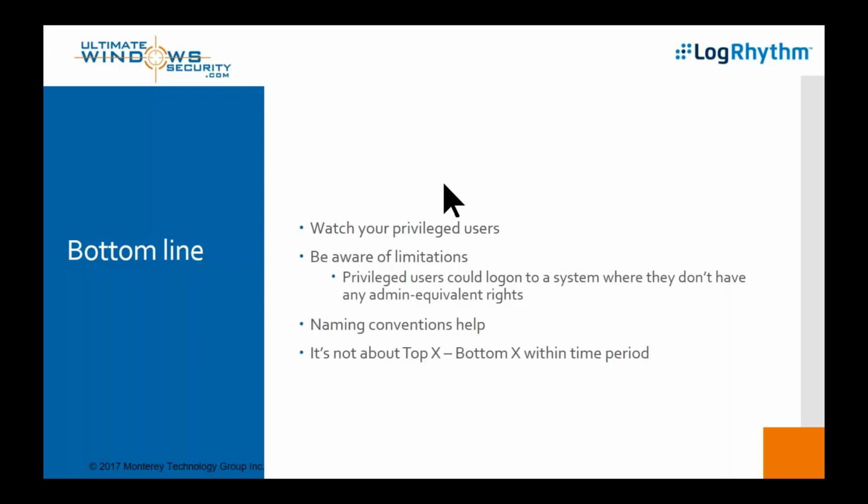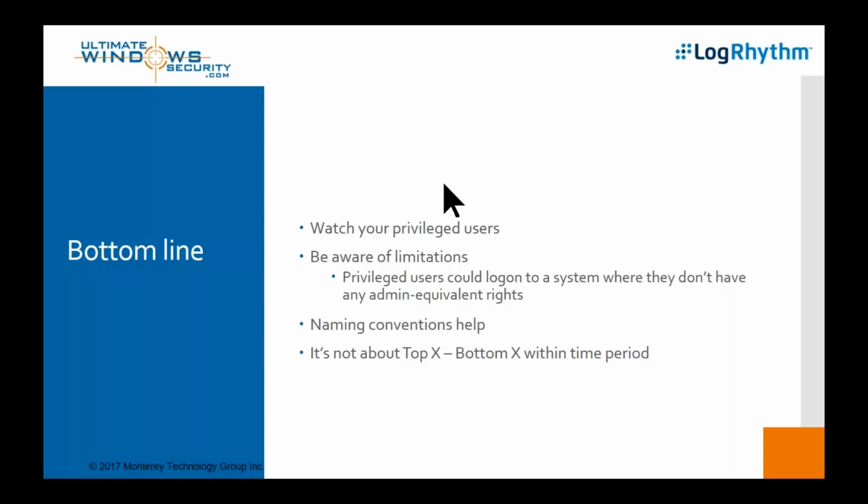It's also super helpful if you have a naming convention that separates end users, privileged human accounts, and privileged system accounts, because then we can start using that in safe ways to do some extra filtering.